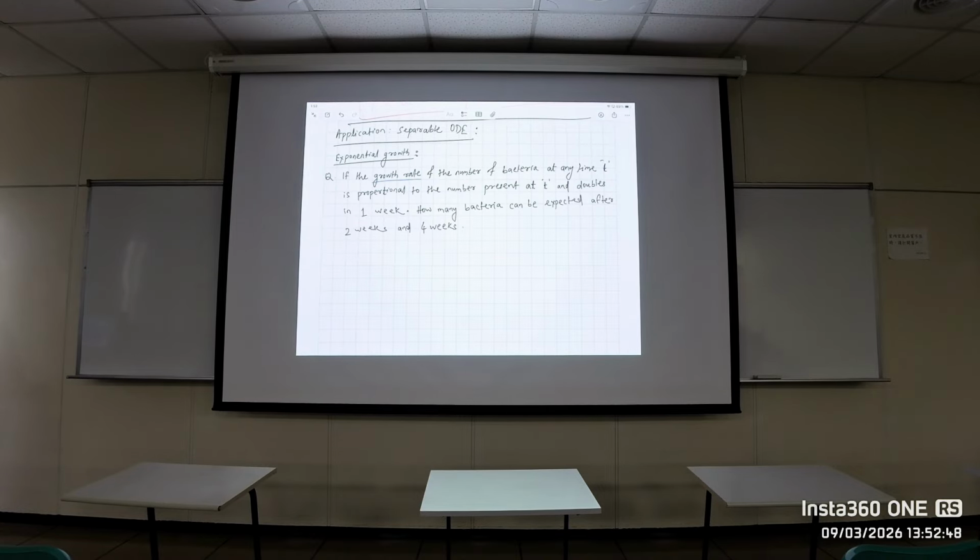And it is saying growth rate of the number of bacteria at any time t is proportional to the number of bacteria at present.